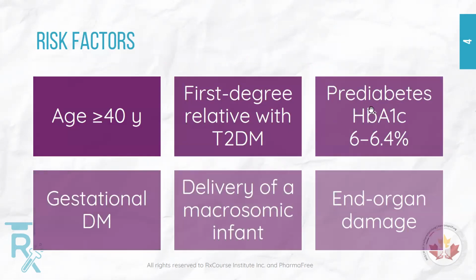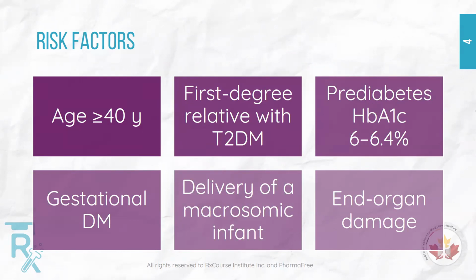What are the risk factors for diabetes? Older age, if the age is 40 or more. If the patient has a first-degree relative with type 2 diabetes, this increases the chance of developing diabetes.